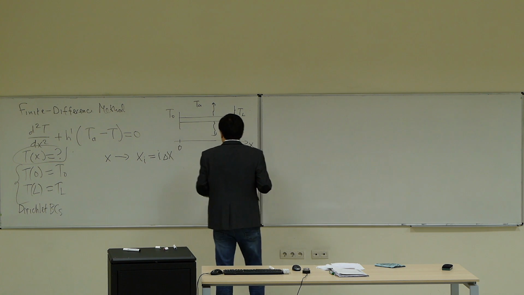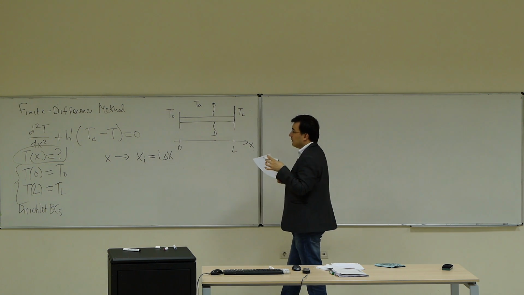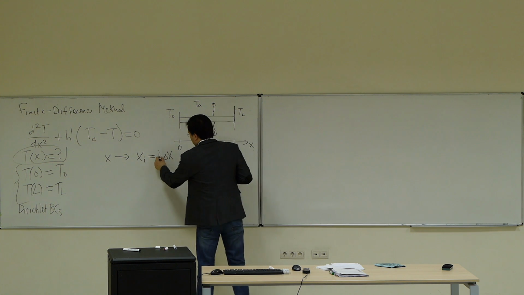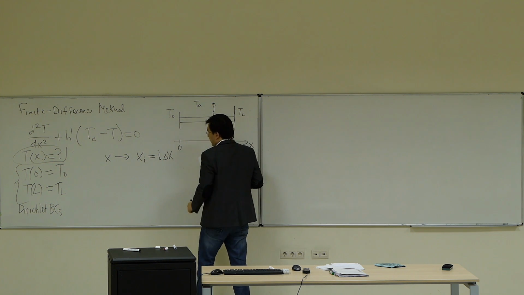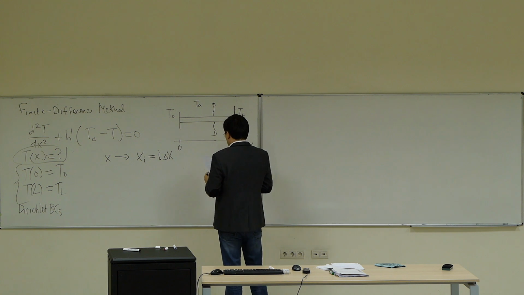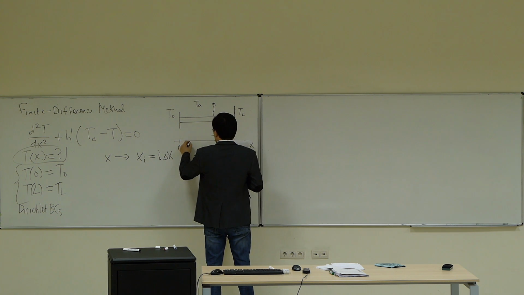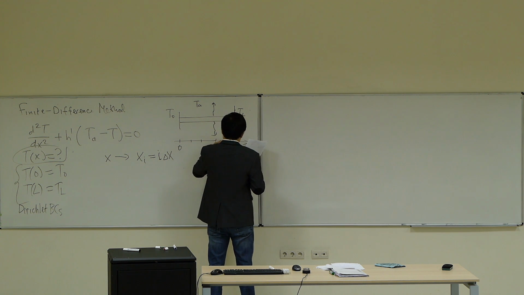In other words, I divide this region from here to here into equidistant points with a size of delta x. Let's say I divide it into 5 intervals. This will be my point 0, this will be my first point, second point, third point, fourth point, and fifth point.